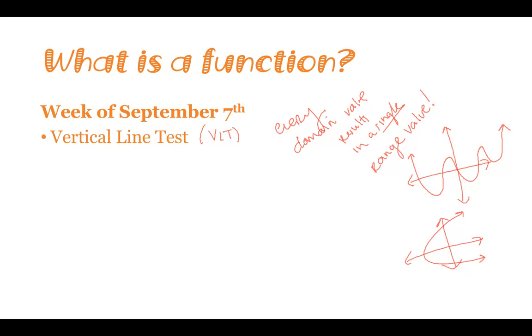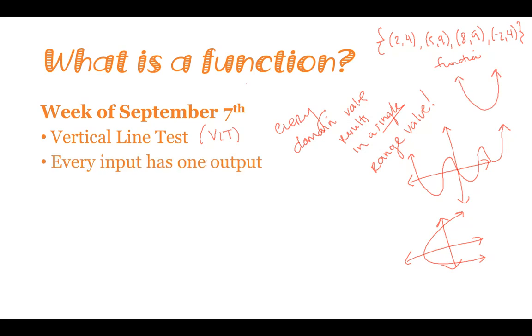So if you had 2, 4, 5, 9, 8, 9, -2, 4, that's a function. None of my domain values repeat. Only my range values do, but that's fine. My range values do when I'm looking at a parabola, a quadratic, and that's a function. Every input has one output.